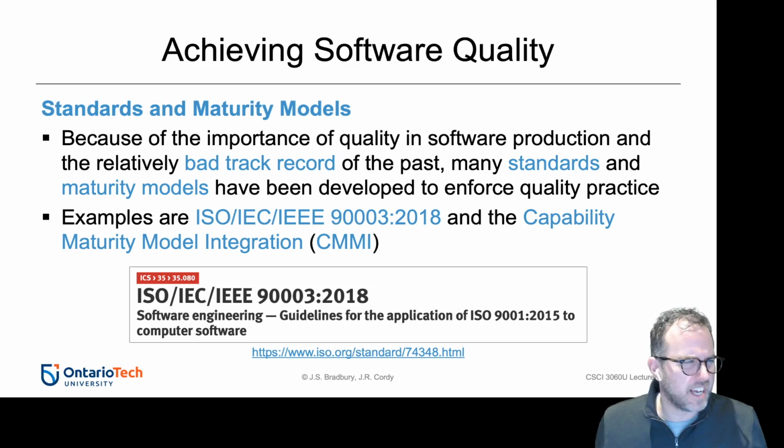They update it every 5 years, I believe, or every 4 years. That's the guidelines for applying ISO 9001 to software. They will come in and certify you to say that your practices meet this certification, which is certifying that you are following good practices. We'll talk about that later in the course.